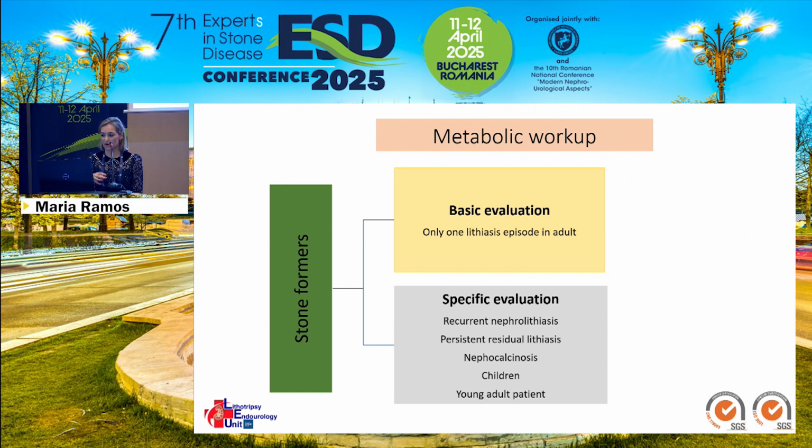These recur in almost 60% of the cases in 5 years. And for the rest of the patients, we perform a specific evaluation for recurrent nephrolithiasis, persistent residual lithiasis, nephrocalcinosis, and children and young adults.